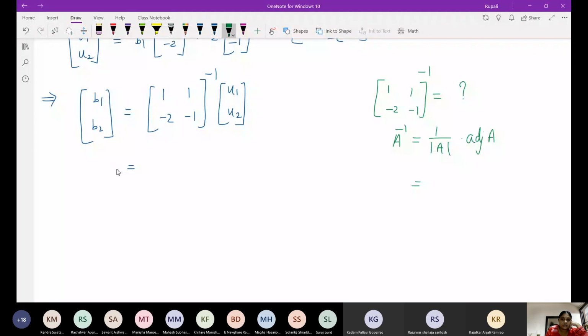What is the determinant of A? Minus 1 plus 2 means 1.